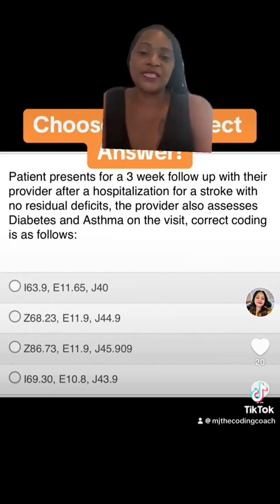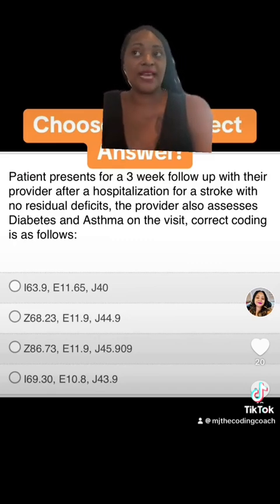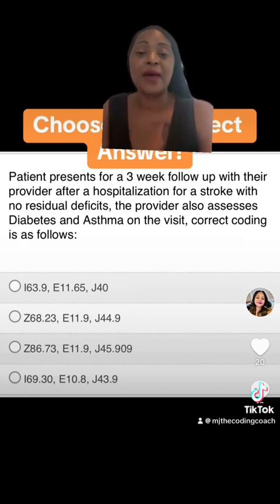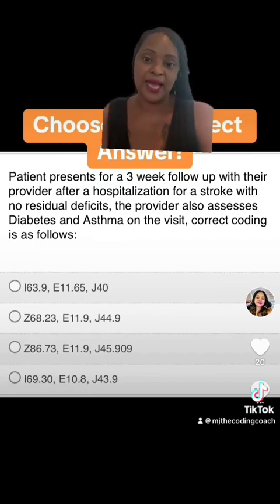So if I'm going to do process of elimination again, without even using my book, then I would know that B as in boy is also the incorrect answer because Z68.23 stands for the BMI. That's a BMI of 23. There's nothing in this question that asks anything about a BMI, so I will automatically know that B as in boy is not the answer either.